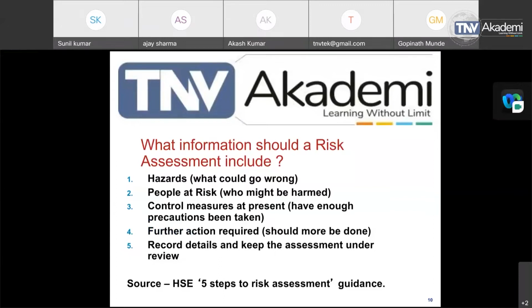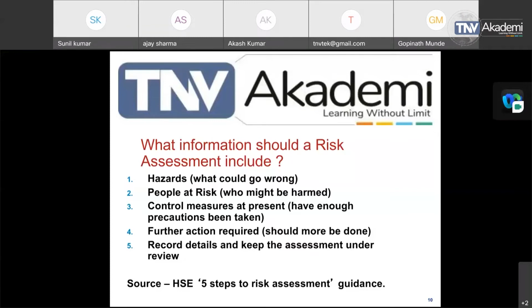Other information that a risk assessment should include is the people at risk who might be harmed. Employees who work in the area, in the process, in production, in the timeline, in the ingredient area, may be exposed to risk, so you have to do the risk assessment for the area and for the people too. The third is the control measures present: have enough precautions been taken?